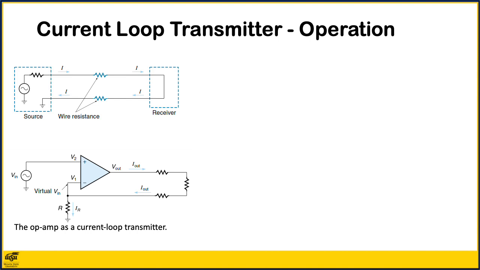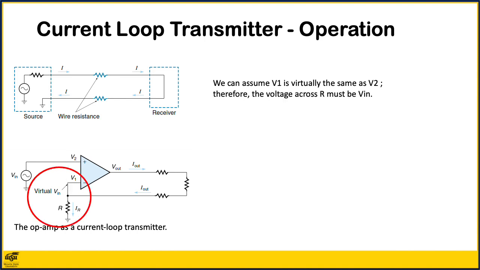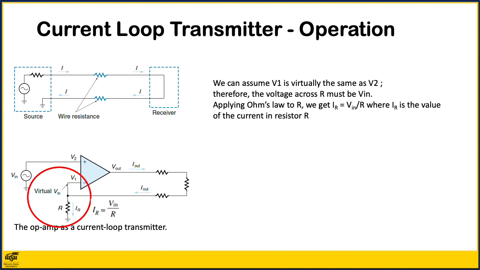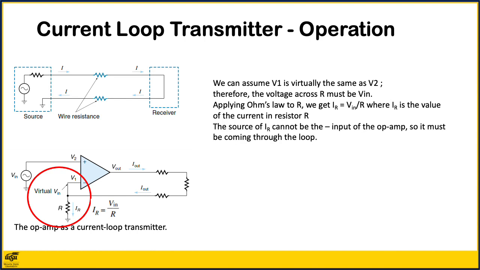The explanation for how the circuit works is as follows. Recall that for an op-amp, we can assume V1 is virtually the same as V2. Therefore, the voltage across R must be Vin. Applying Ohm's law to R, we get IR is equal to Vin over R, where IR is the value of the current in resistor R. The source of IR cannot be the negative input of the op-amp, so it must be coming through the loop.